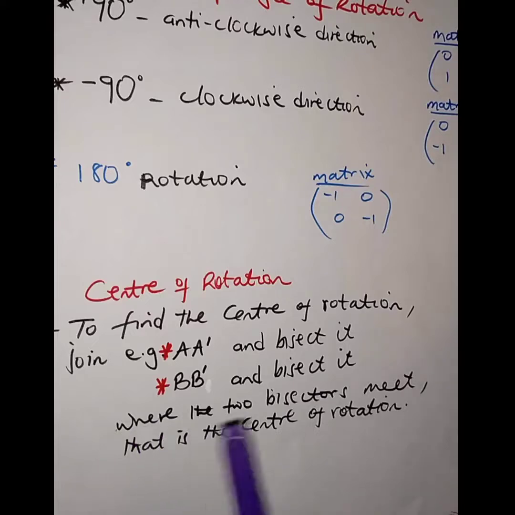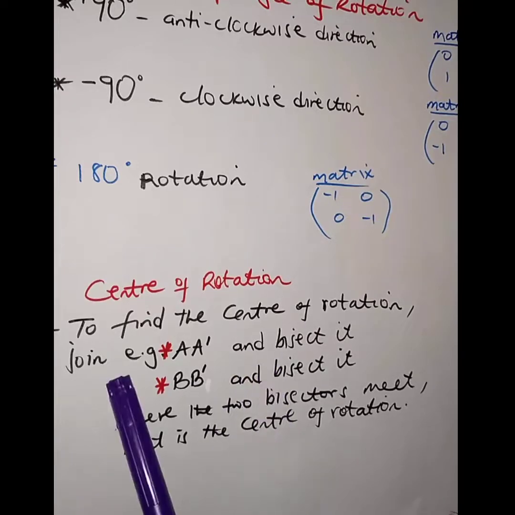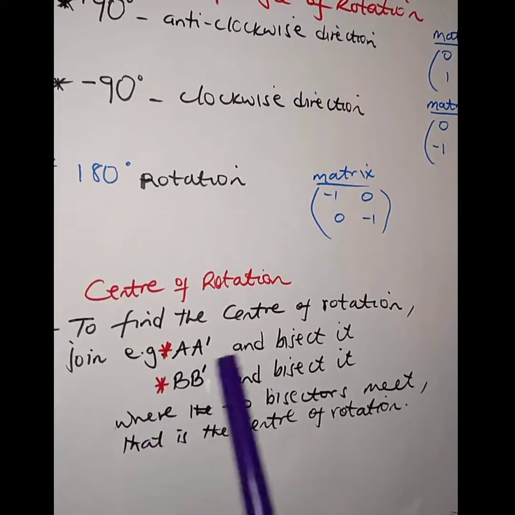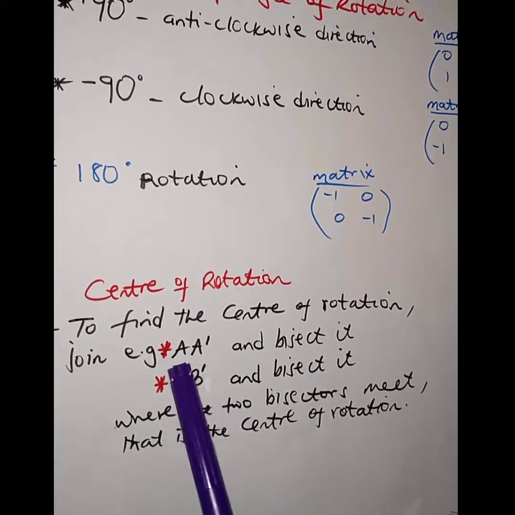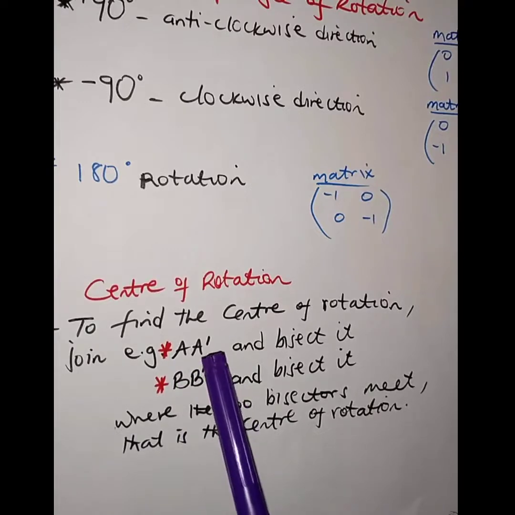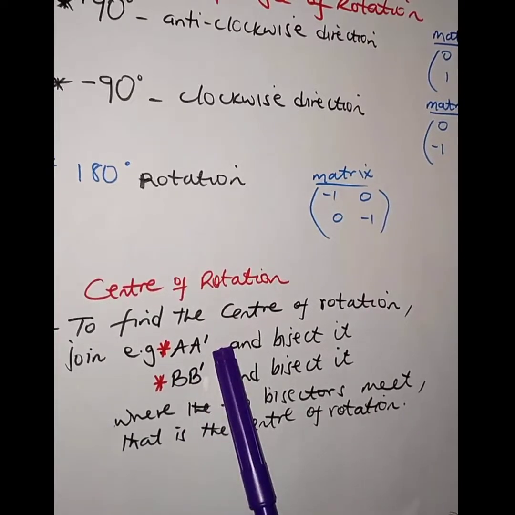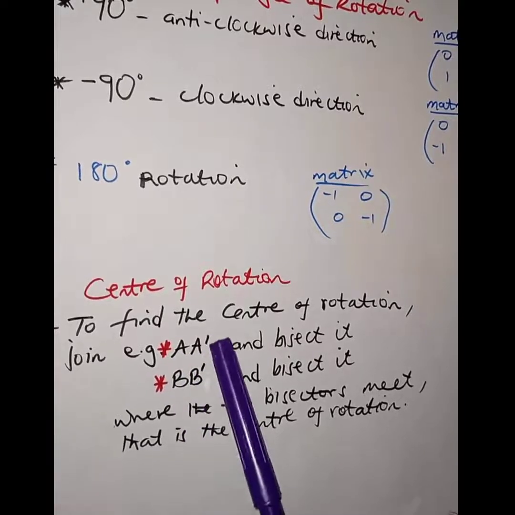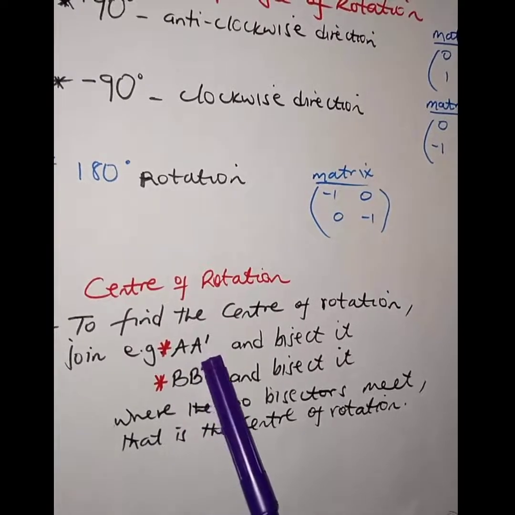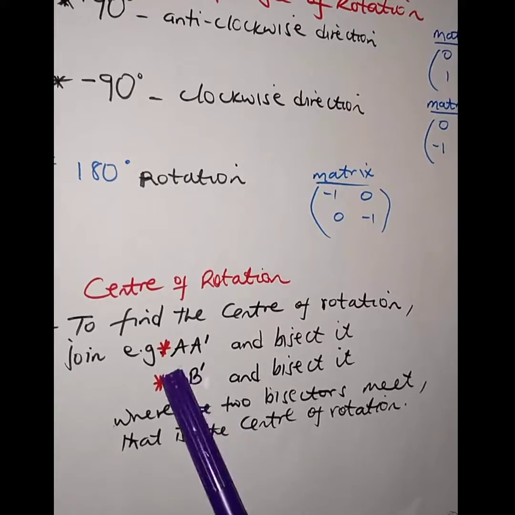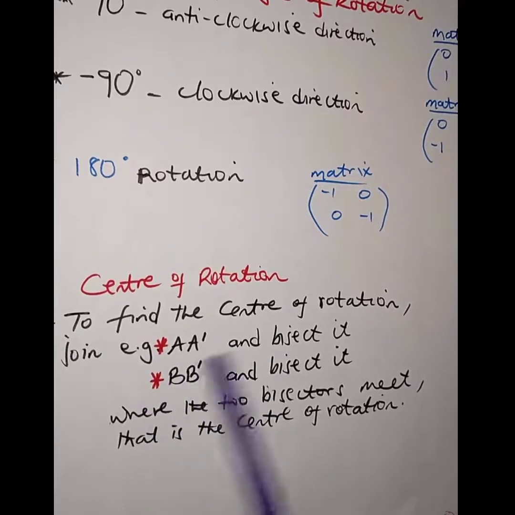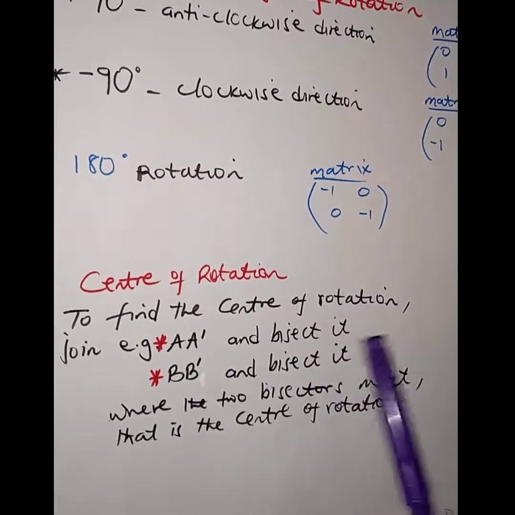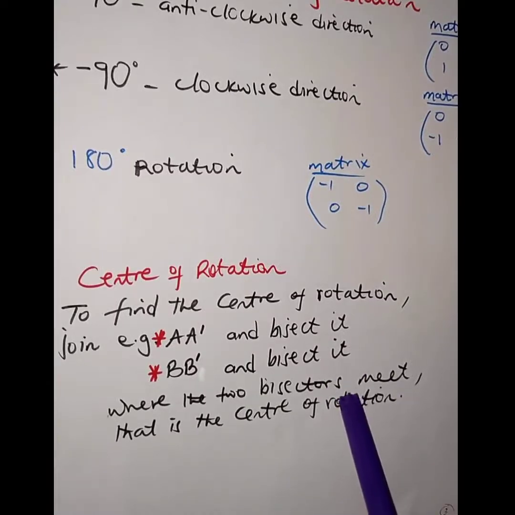So to find the center of rotation, join corresponding points. For example, get the A object. When we write A, it means the object, and the second one means the image. The object A, its image will be A prime, right? So identify the point A to its image of A. Connect. When you draw a line, bisect. Remember, under construction, we're able to bisect a line.